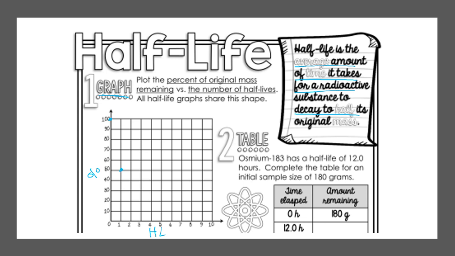After two half-lives, I should have 25%. After three half-lives, I should have 12.5%. After four half-lives, I should have a little bit more than 6%. After five, closer to 3%, and so on, getting closer and closer to zero without actually getting to zero.